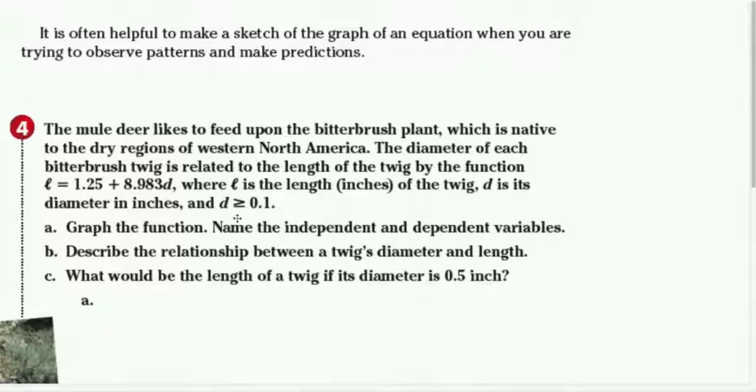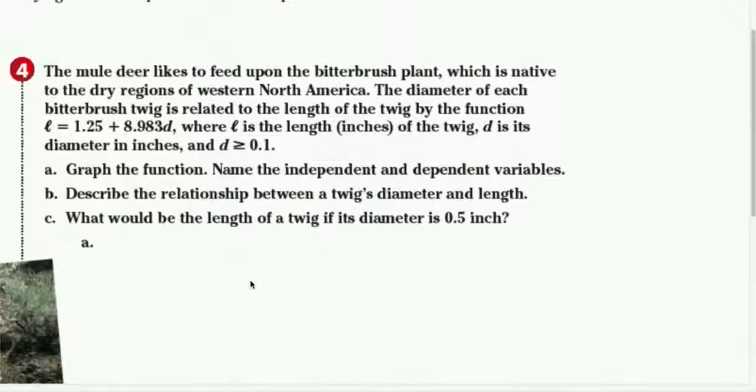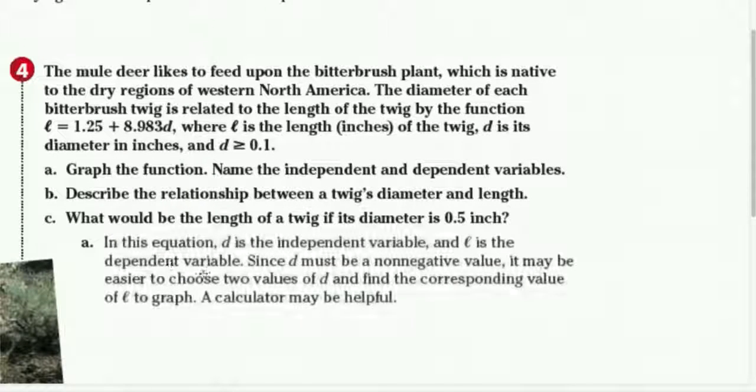Okay? So we want to graph the function, name the independent and dependent variables, describe the relationship between a twig's diameter and length, and letter C, what would be the length of a twig if its diameter is 0.5 of an inch. Looking at that formula, we know that D is the independent variable. Why?